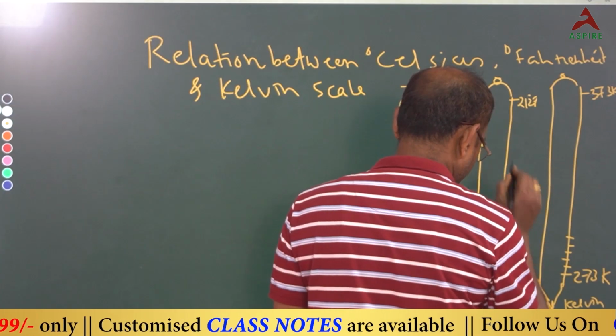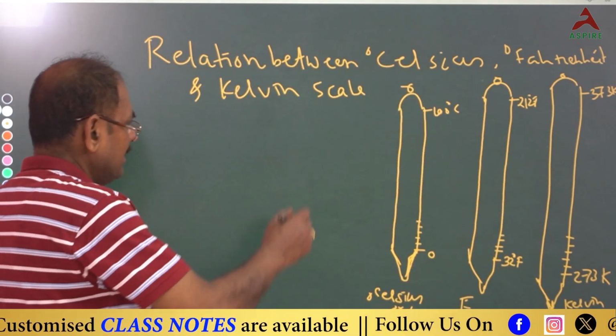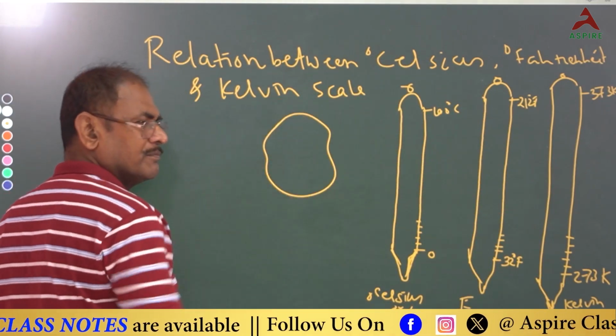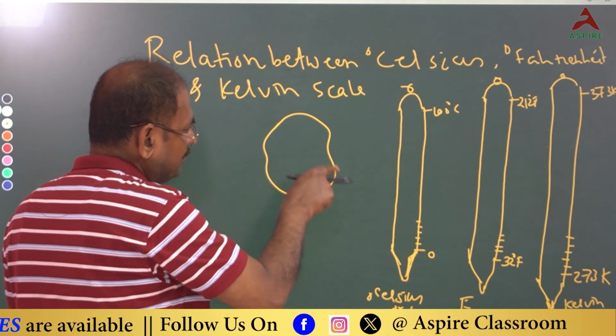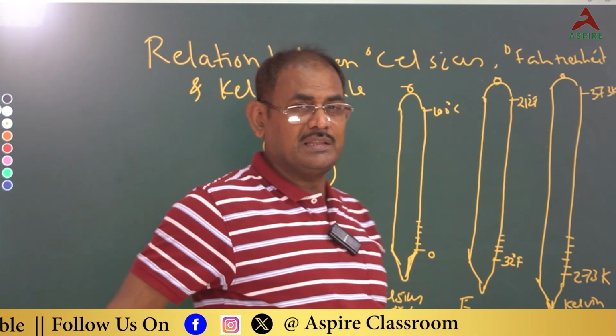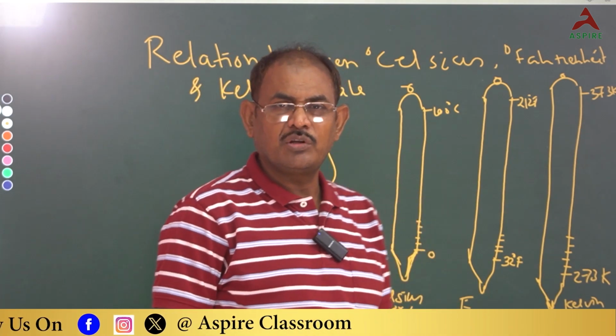Here one division equals 1 Fahrenheit. Now let this be an object, and the temperature of this object is measured by these three thermometers.